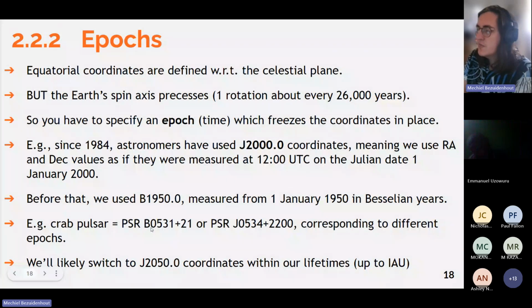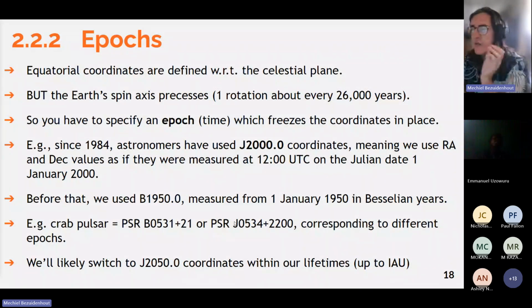And those correspond to the coordinates measured using the different epochs. So the old name uses the coordinates measured from the B1950 coordinates, and the newer one is from using J2000 coordinates. So sometimes it's a bit annoying trying to keep track of which epoch is actually being used.